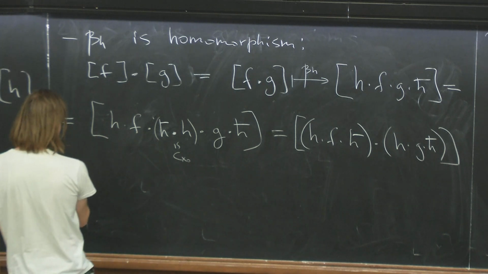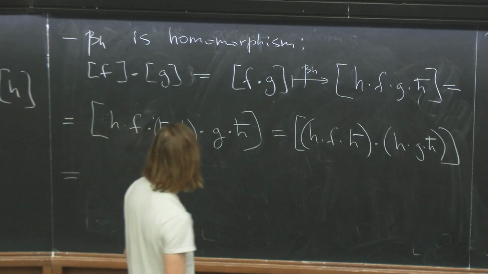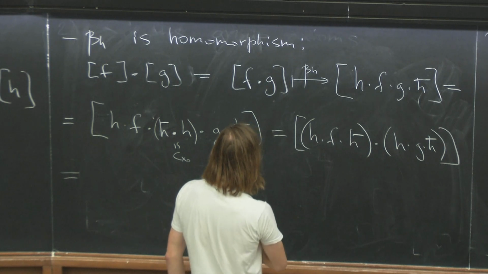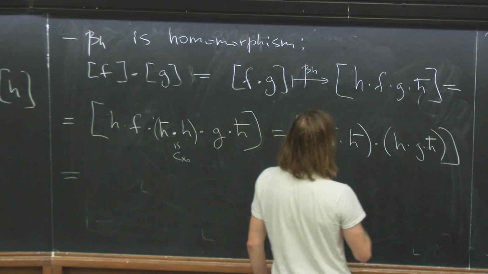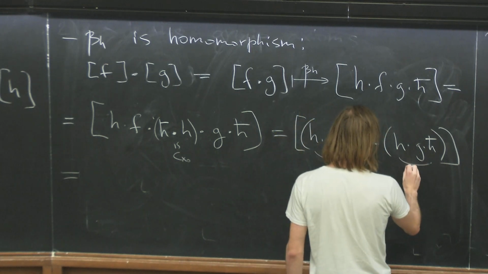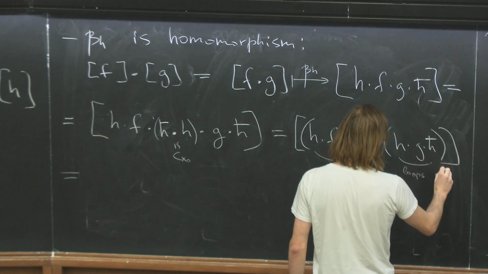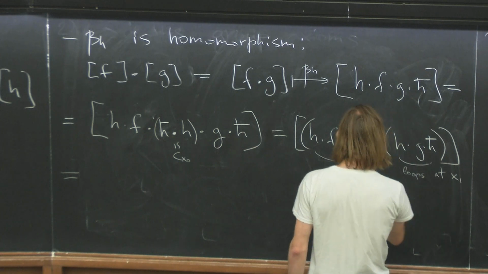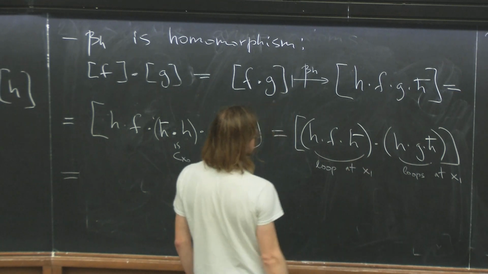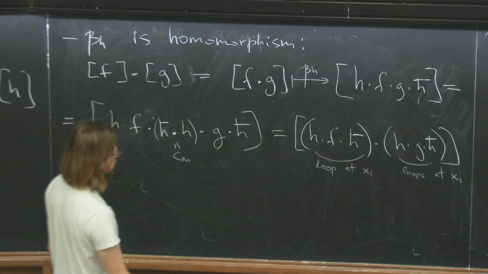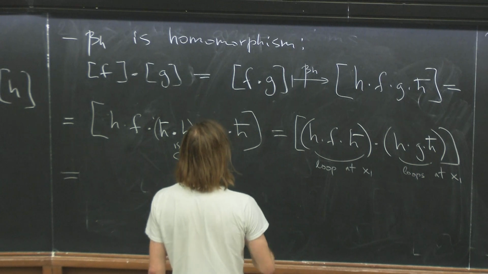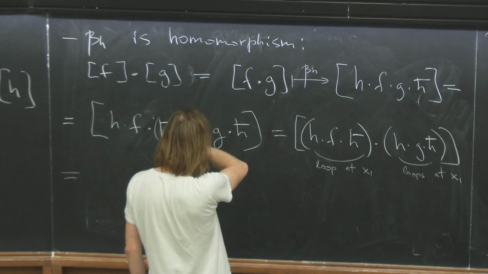So this pair, this and this, are loops based at x1, the equivalence class of loops based at x1, and this was the equivalence class of a loop based at x0.